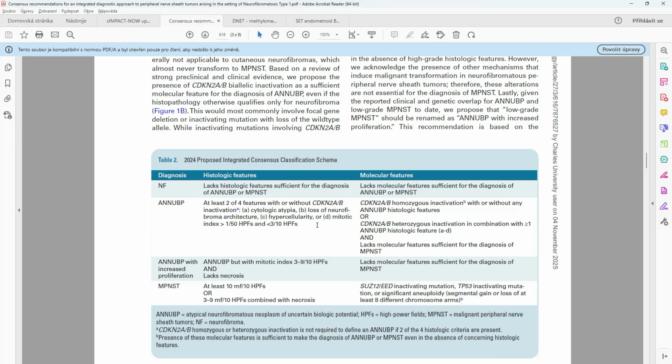In addition, we've got some molecular criteria on how to put these atypical and malignant tumors into correct categories. So the presence of CDKN2A inactivation puts the tumor into the atypical neurofibroma category, and we've got some mutations which will automatically put the tumor in the malignant category as well.